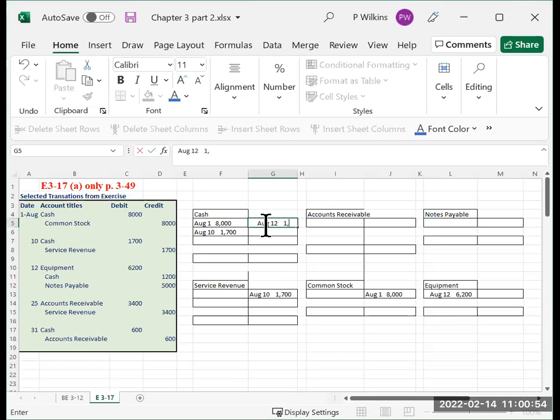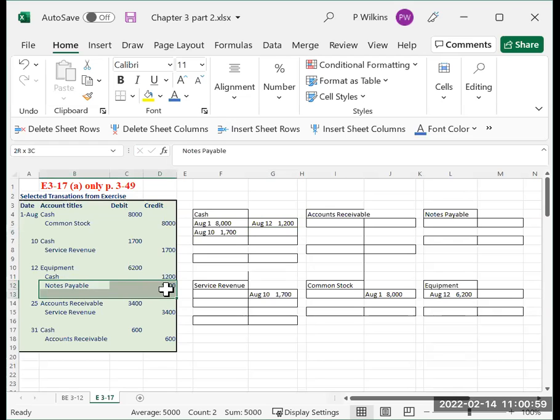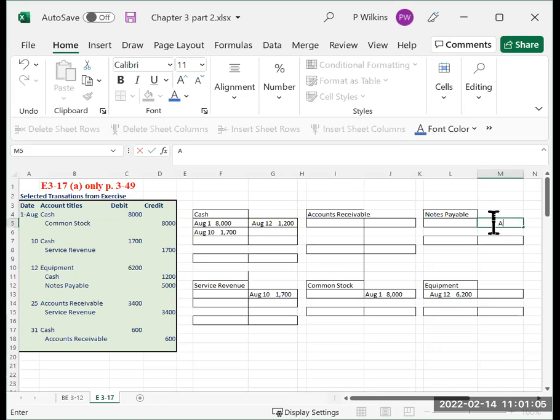And then we're going to credit notes payable $5,000. August 12th, we're crediting notes payable $5,000. We're going to pay that back another day. Okay. All right, so that one's done.